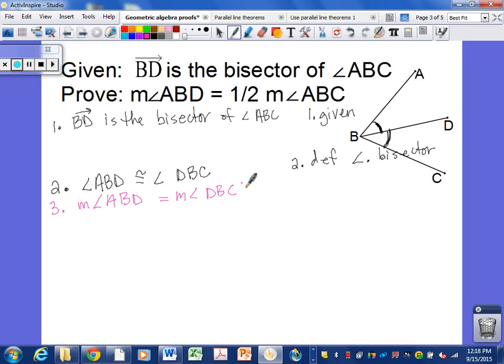Whatever the degrees are, they are equal. Okay, and this is using, once again, the definition of congruence. We are changing from a congruent symbol to an equality symbol. Here we have an angle thing, here we have the angle measure. Because you want to have equals in your proof, so we need to have equals in our proof.